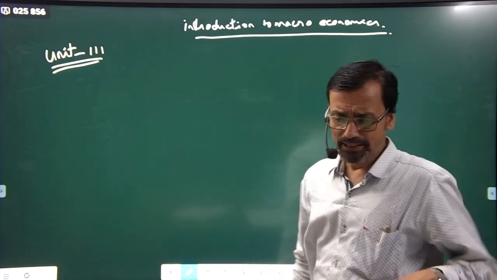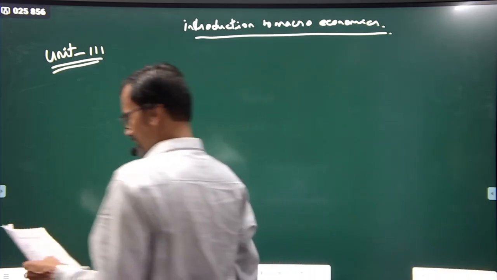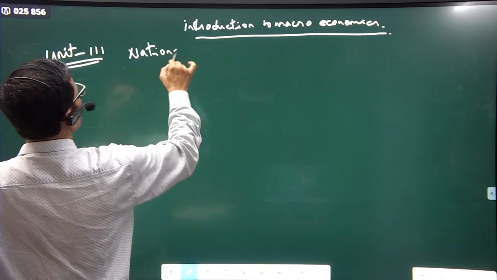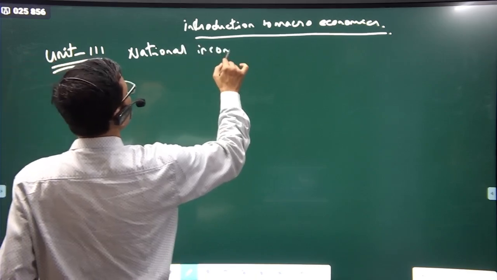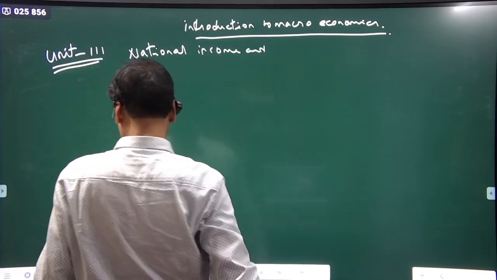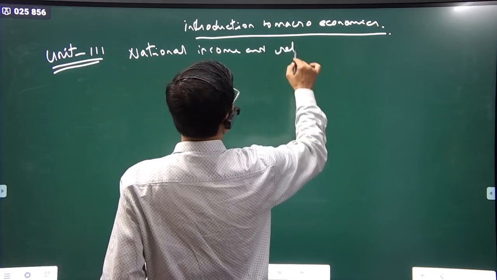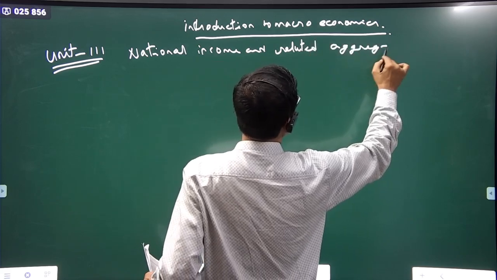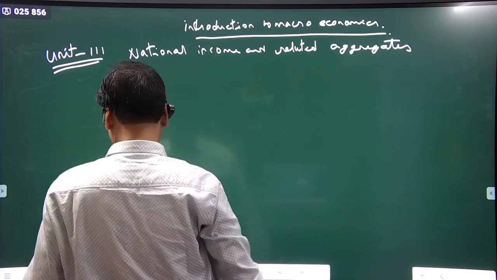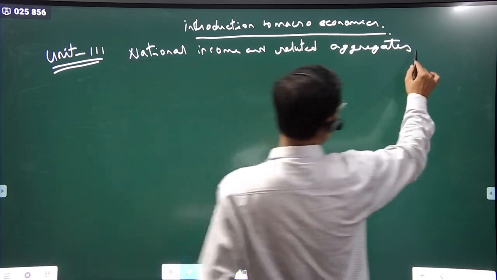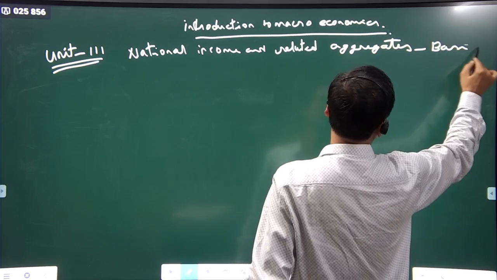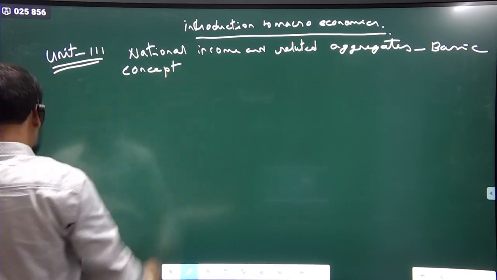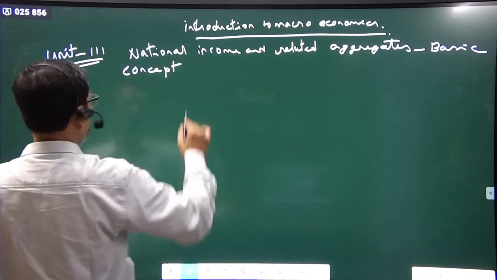Unit 3, national income and related aggregates. Here we need only basic concept and measurement.